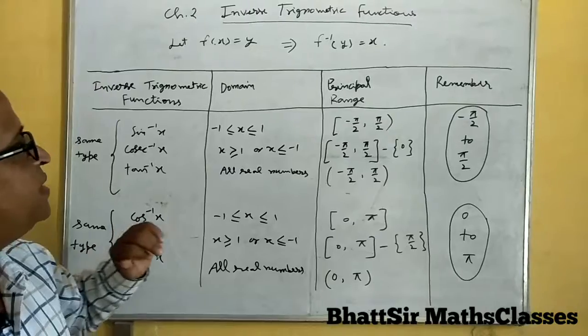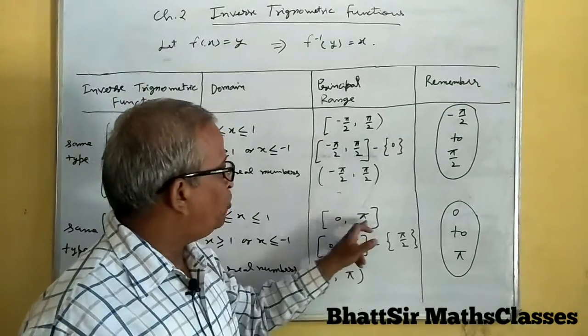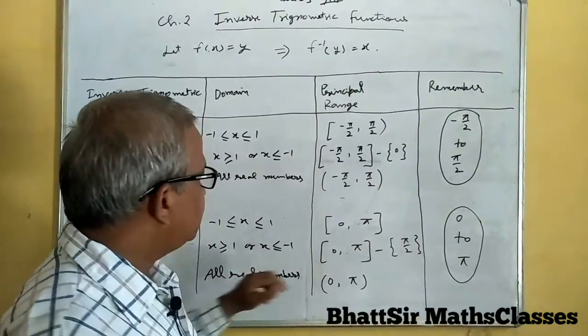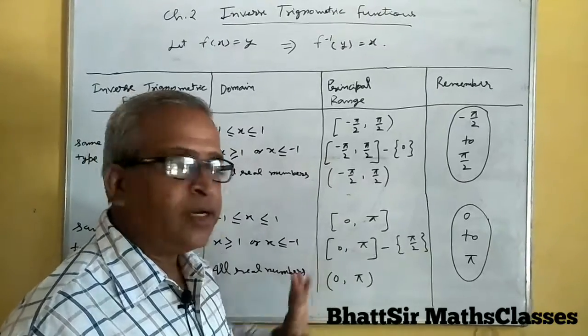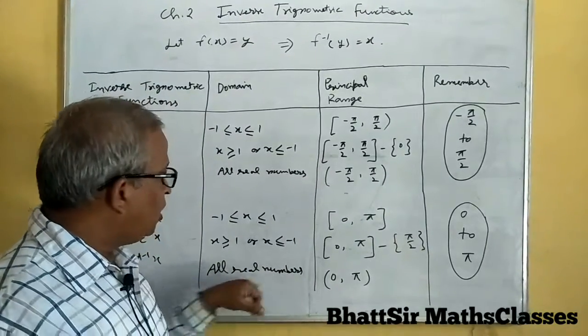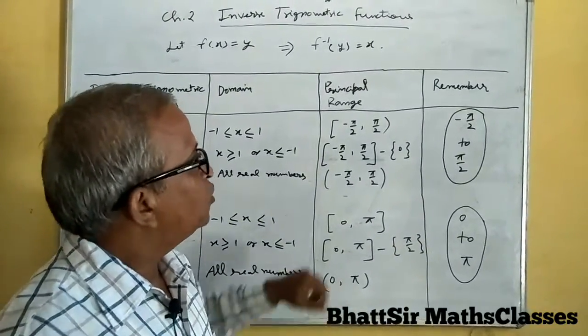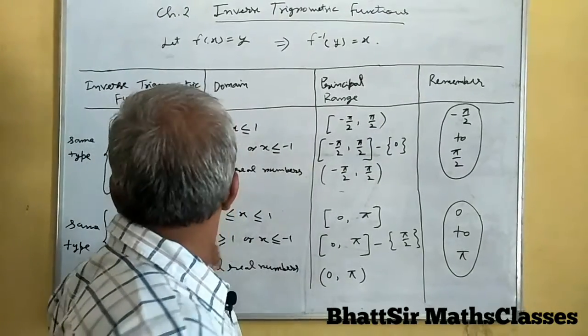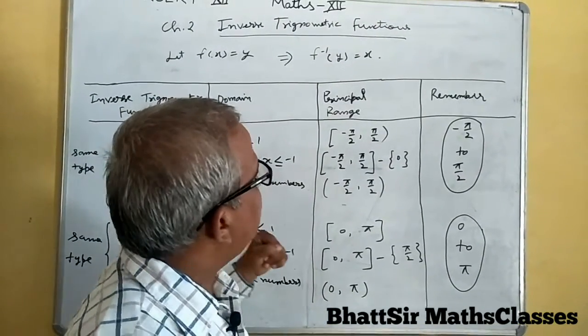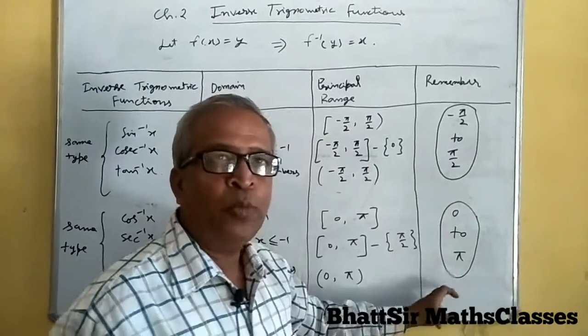Cos inverse x has the principal range 0 to pi, sec inverse x has 0 to pi excluding pi by 2, and cot inverse x has 0 to pi. So for remembering, the principal range varies from 0 to pi.